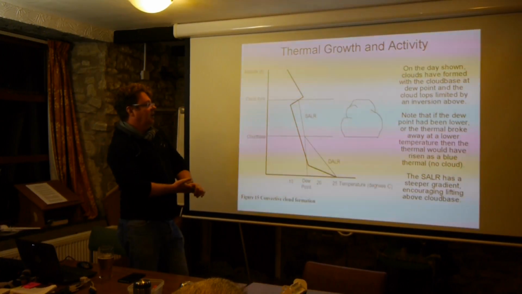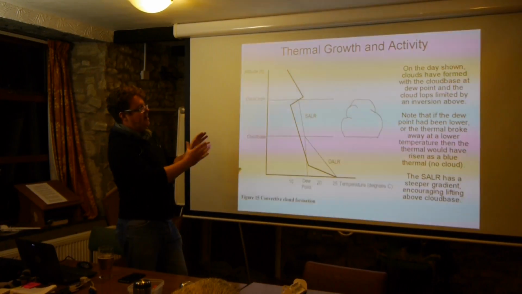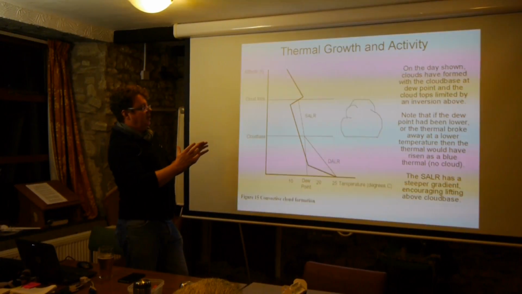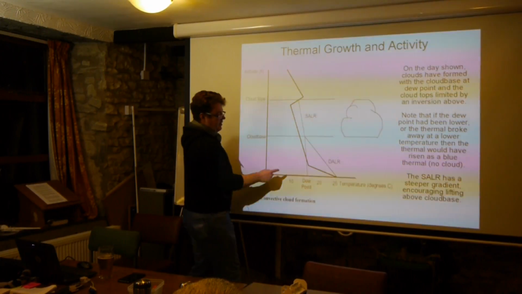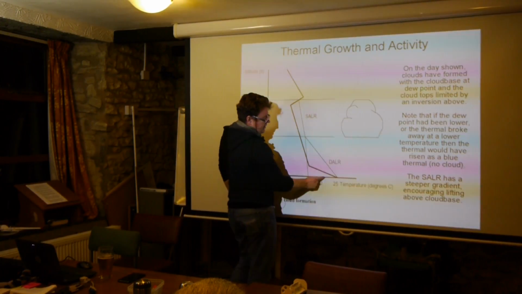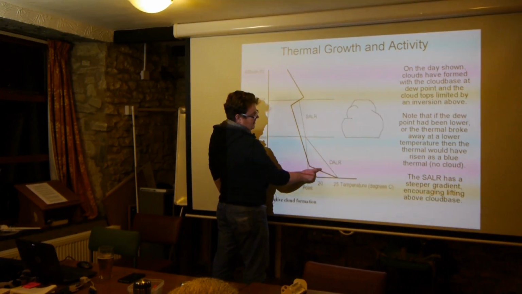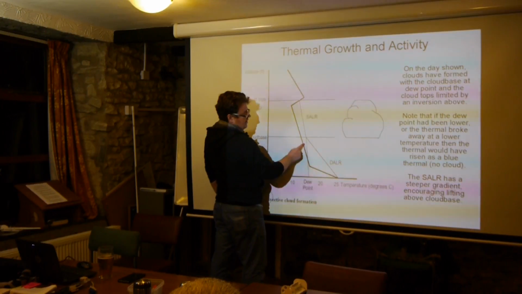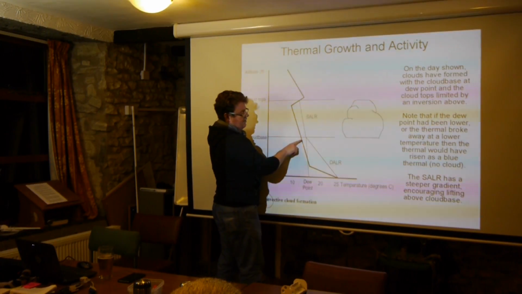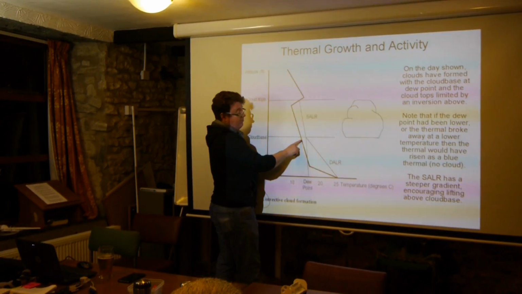So if we look at how we could rearrange the diagram a little bit, if the thermal broke away at a lower temperature, here for example, and followed the dry adiabatic line up, then it would have met the environmental line here, and we would have had a much lower top of convection, but we would also have had a blue day.